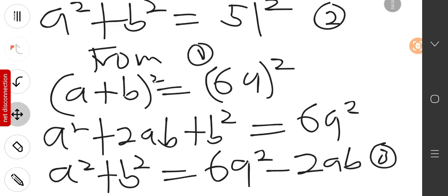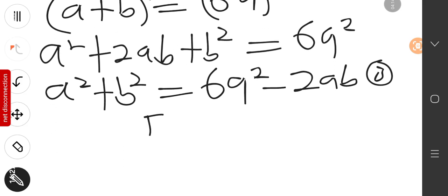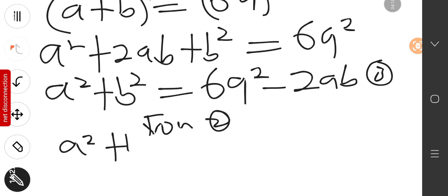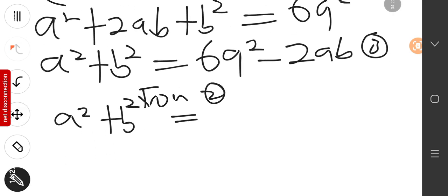Now we are going to put equation 2 into equation 3. From equation 2, A squared plus B squared equals 51 squared. So where we see A squared plus B squared in equation 3, we put 51 squared.